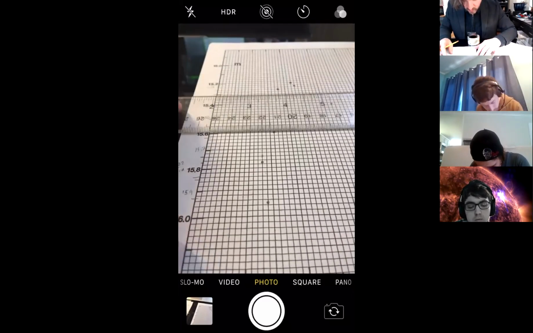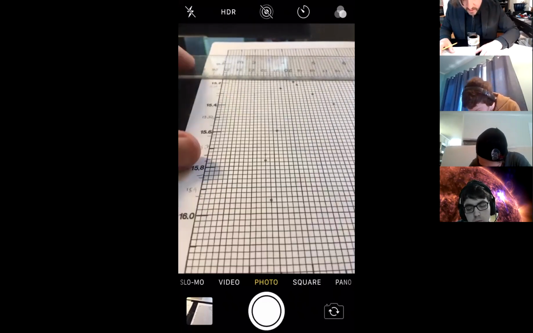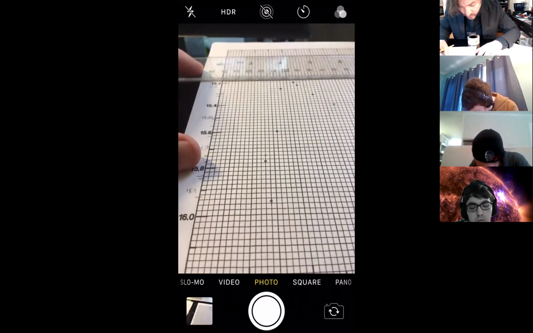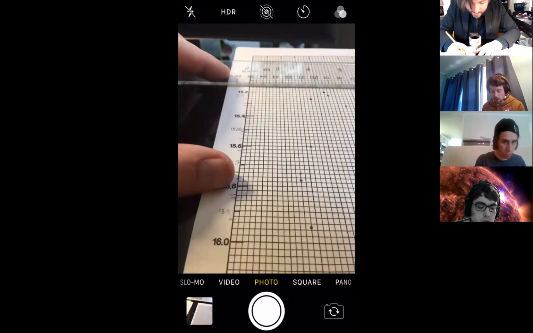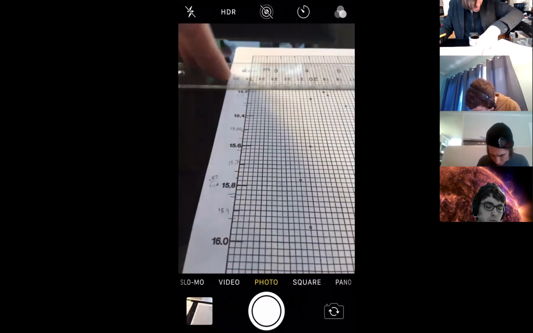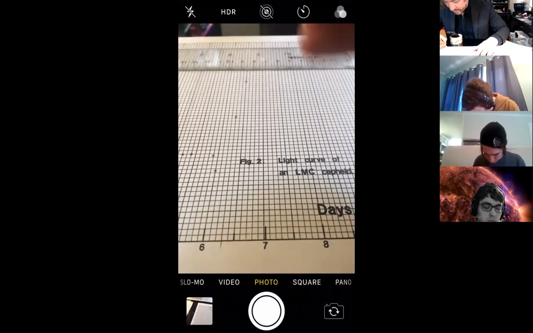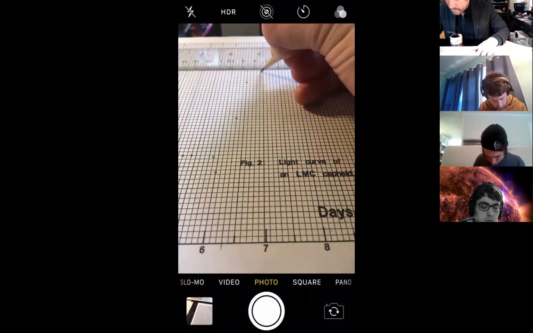So 15.19. Wow. This is 15.2. So 15.18 is here. 15.19 is right in between it. And that was 6.9. So almost at 7. Right there.